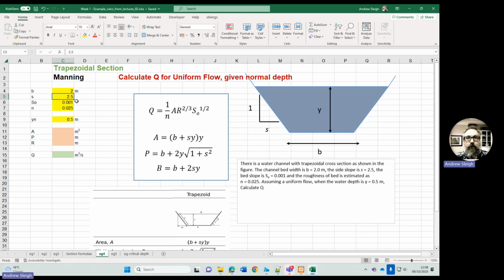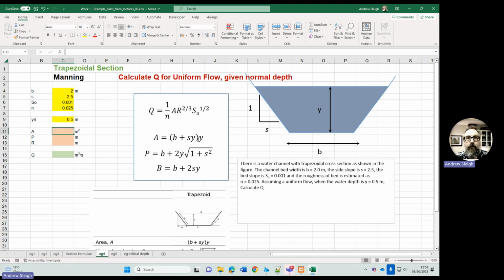So s is 2.5, and this is shown in the formula here. Again, I conveniently write out the formula in my Excel, so I know what formula I'm going to be typing in. Manning's n is 0.025 this time, and the normal depth is 0.5. So we want to know what's the flow this trapezoidal channel would carry in uniform flow.